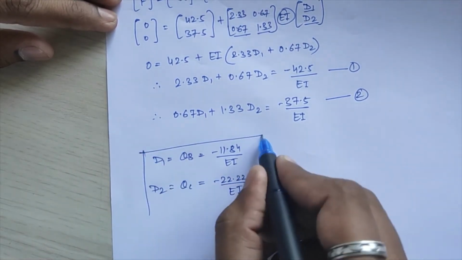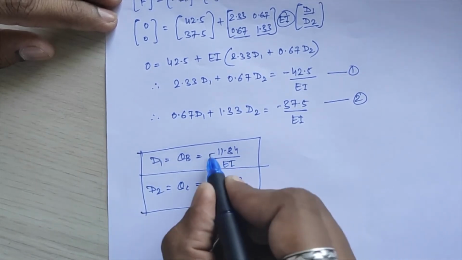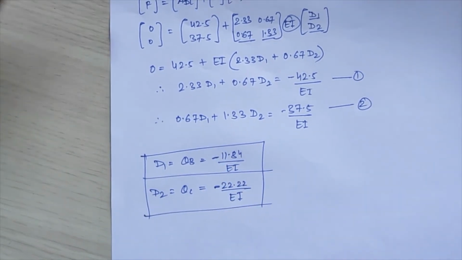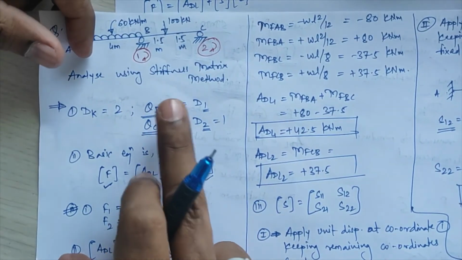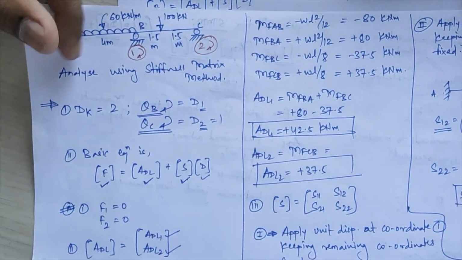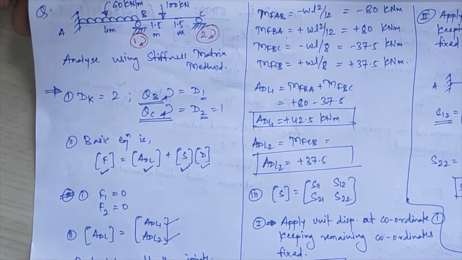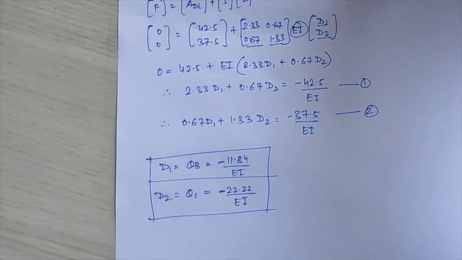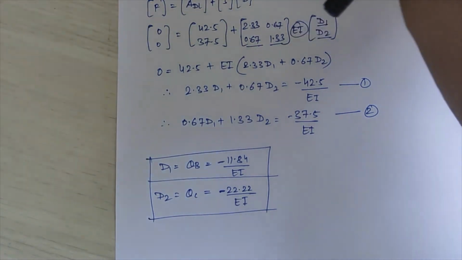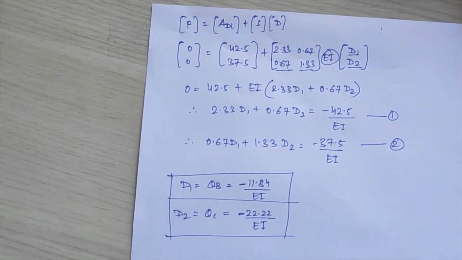Now what is this minus indicating? Initially we have assumed theta B and theta C in clockwise rotation directions. You are getting final answers as negative. That means these will be acting in anti-clockwise directions. So these will be our basic unknown values D1 and D2. That was our basic aim.